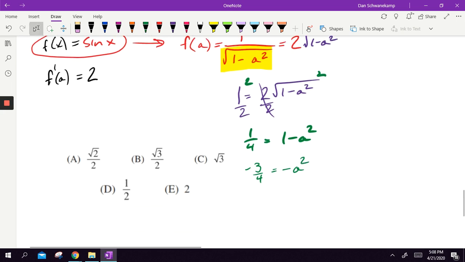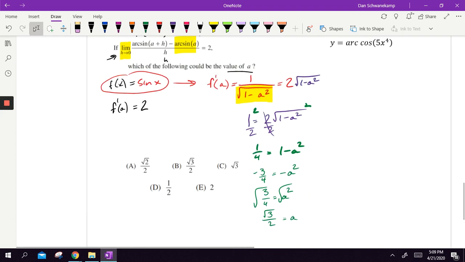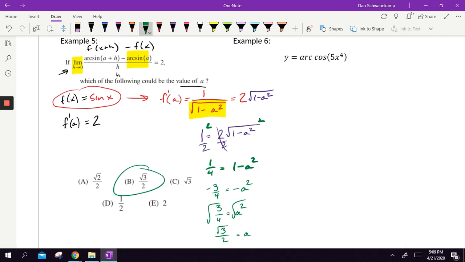I'm going to get rid of the negative sign. I'm going to get rid of the square. I'm going to get for my final answer, square root of 3 over 2 is equal to a. Answer is B, square root of 3/2.